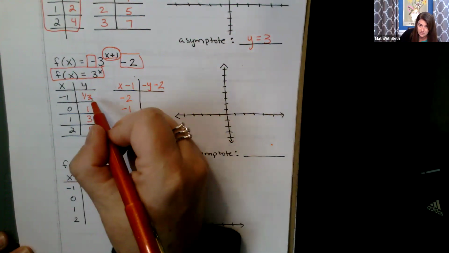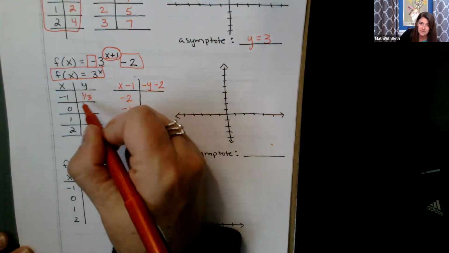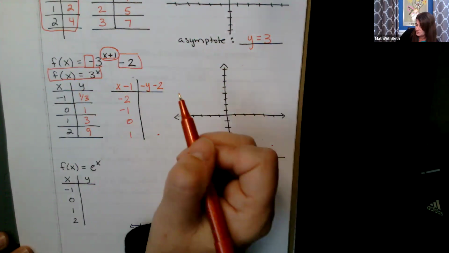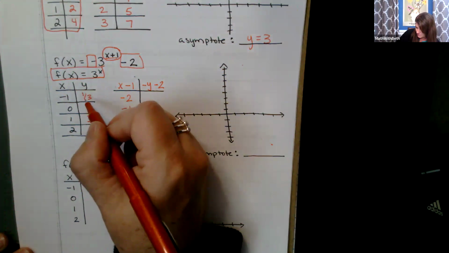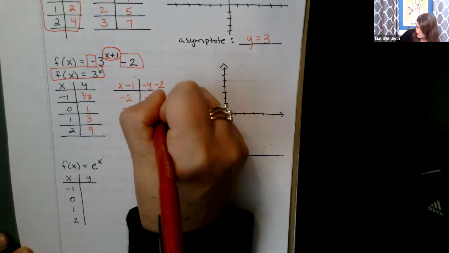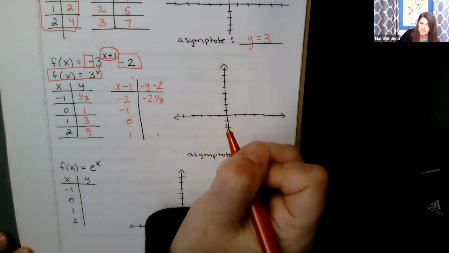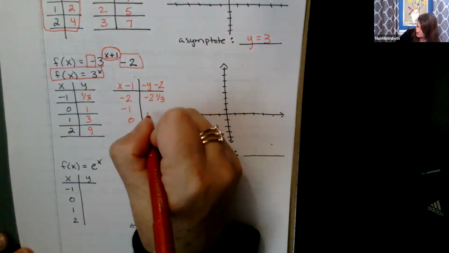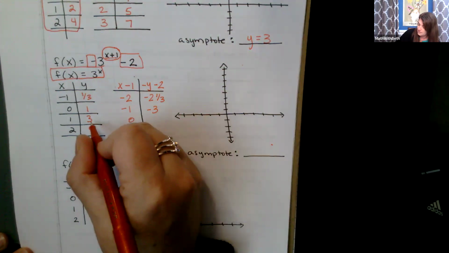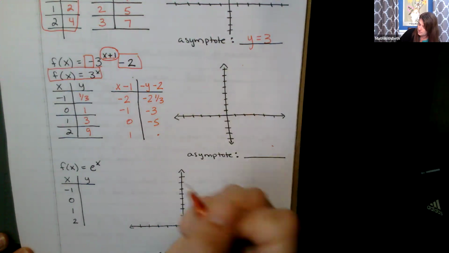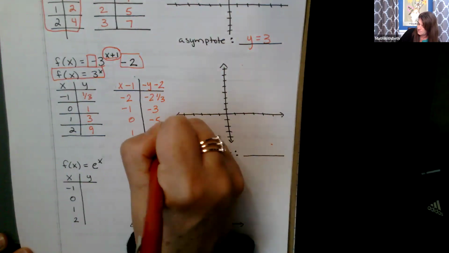For the y's, it's a little trickier. I have to multiply this by a negative and then subtract 2. So -1/3 minus 2 is -2 1/3. -1 minus 2, -3 minus 2, and -9 minus 2.